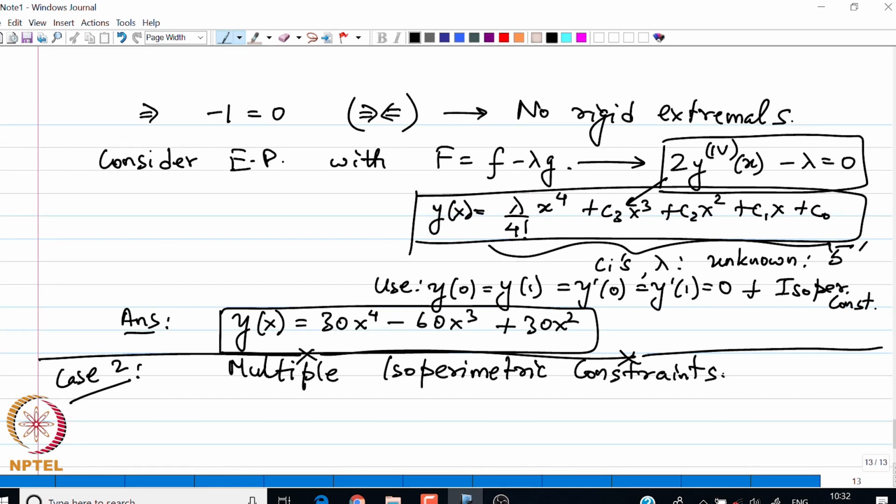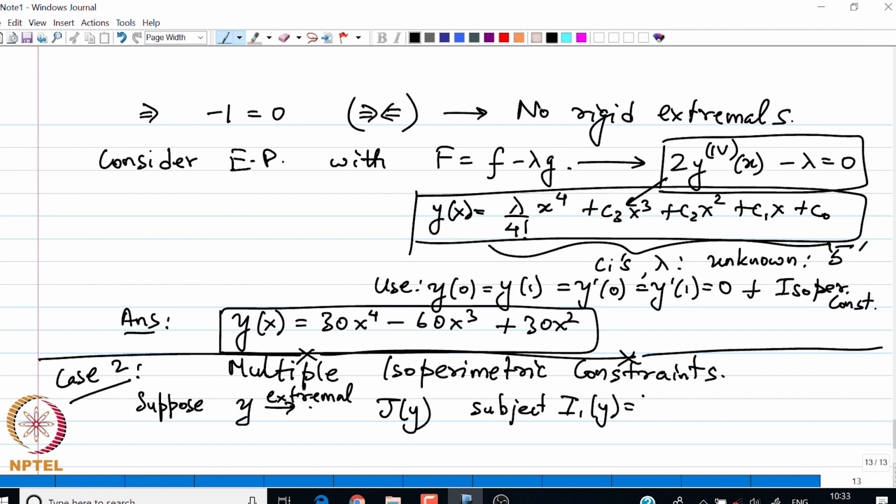So, let us set up the problem again. Suppose y is the extremal of J of y subject to I 1 of y equal to L 1 and I 2 of y equal to L 2.